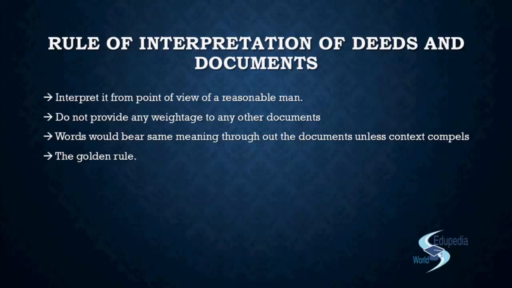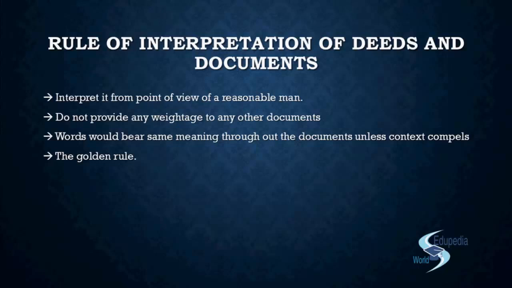But if you bifurcate the same paragraph, then you can see that you need to ascertain the intention of the parties. But that will be after considering all the words in the document. Now, what is the methodology that is used? First, the document is read as a whole. Point number two, the circumstance in which the particular word has been used is considered.